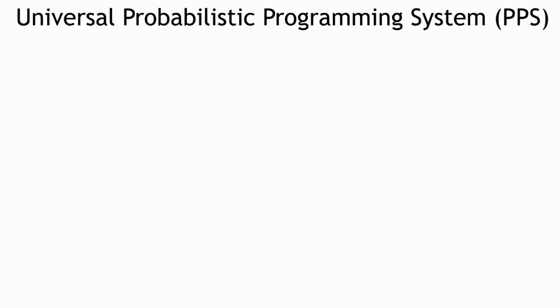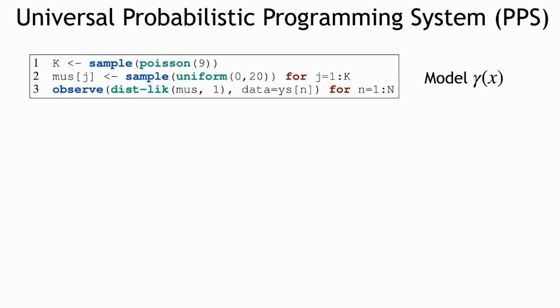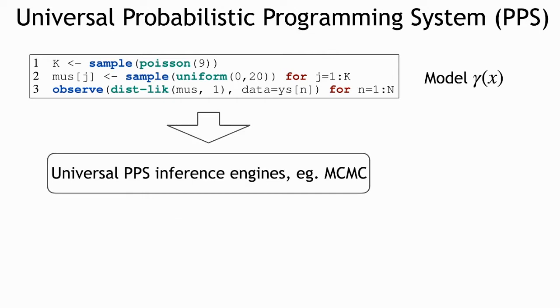Take our mixture model as an example. We can easily define this model in a particular PPS as shown in the pseudocode. I can then call the automated inference engines such as MCMC or variational inference, and the system will return me the estimate of the posterior distribution, pi hat.